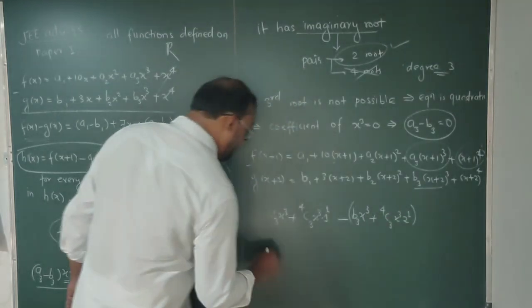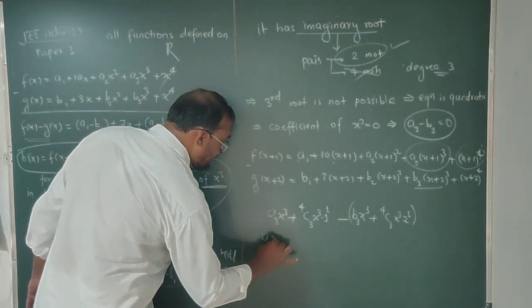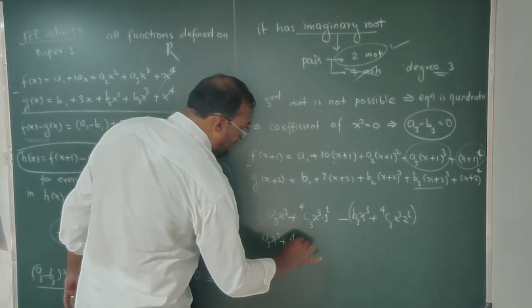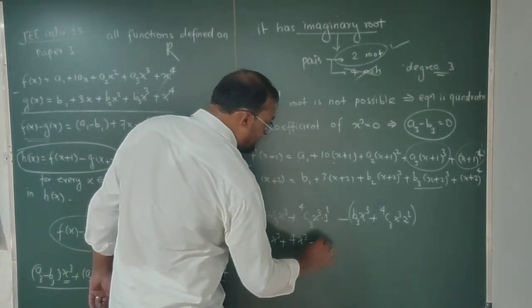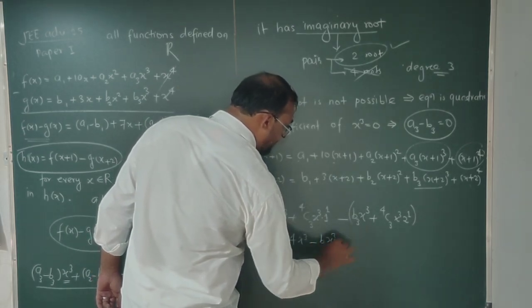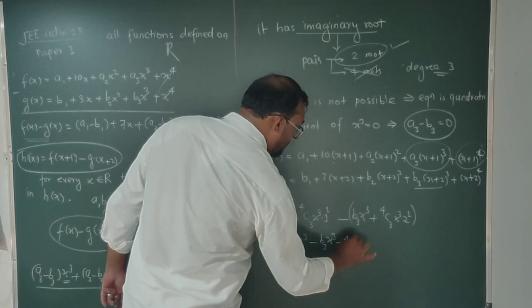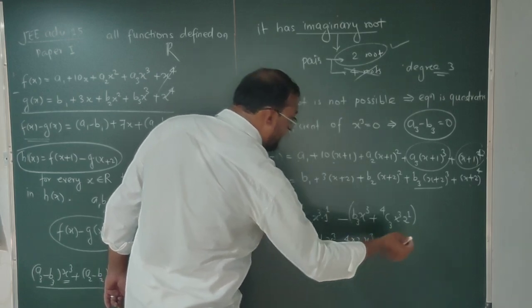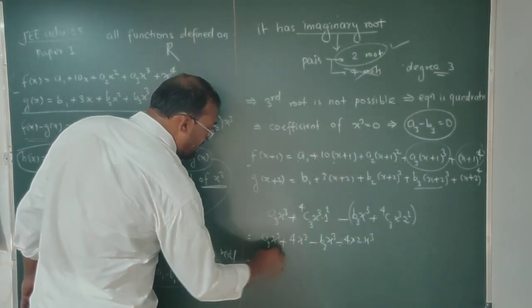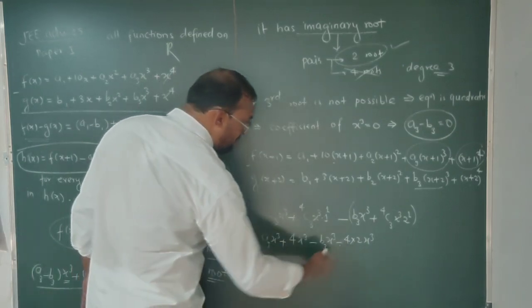Now just put the values. a3 x cube plus 4C3, which is 4, into x cube, minus b3 x cube, sorry, plus, into 2, minus 4 into 2 into x cube, and we just have to find this coefficient value. Now we'll take the common factor.